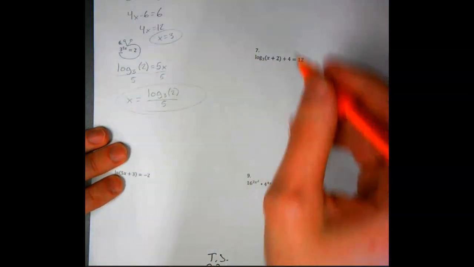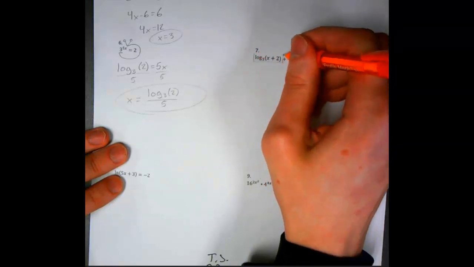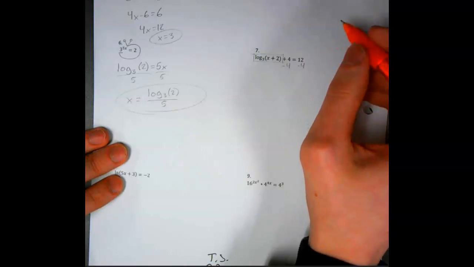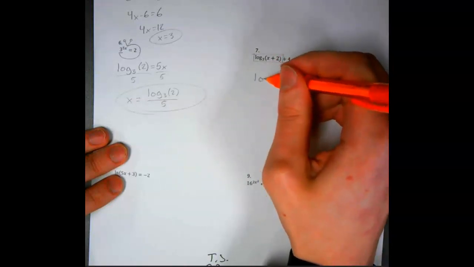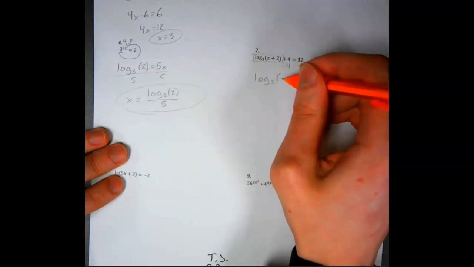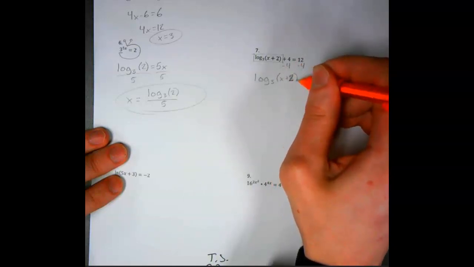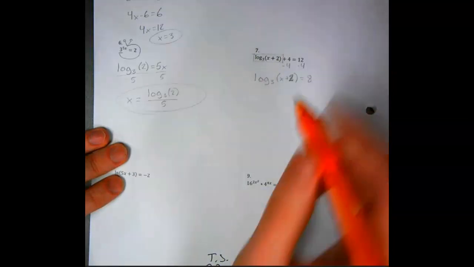For our second one, we need to first start out by getting this log by itself. So we'll start out by subtracting 4 from both sides, giving us log base 3 of x plus 2 equals 8.